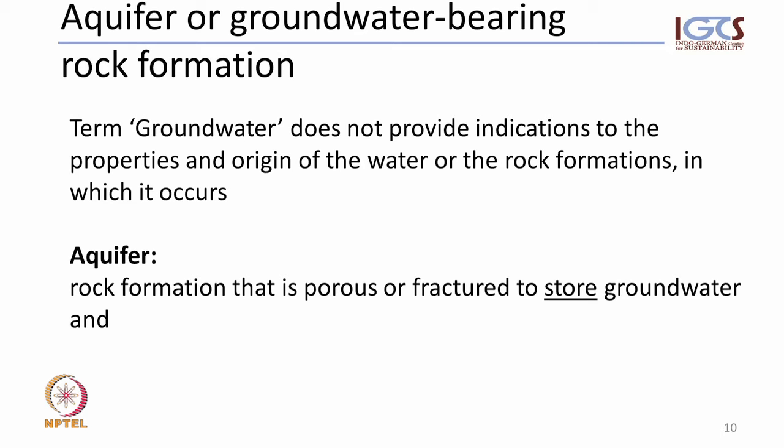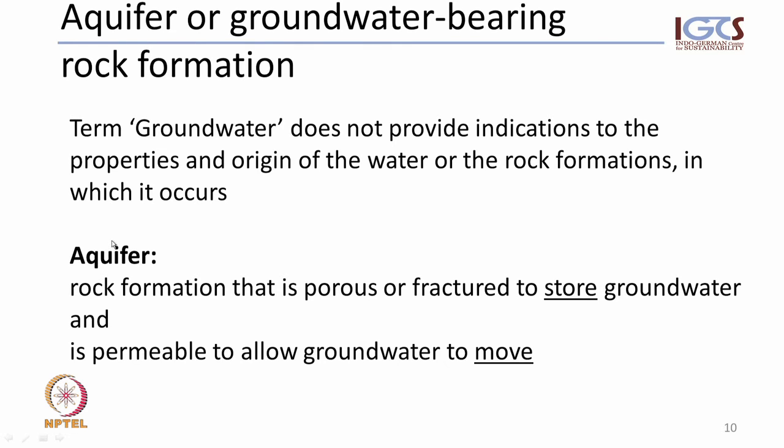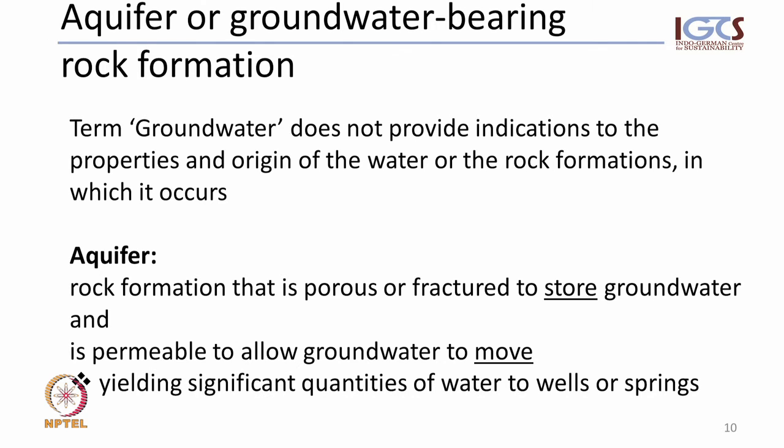An aquifer is a rock formation that may be porous or fractured and stores groundwater and allows groundwater movement, so it must be permeable for this to occur. Also, this definition is only relevant because of this condition.